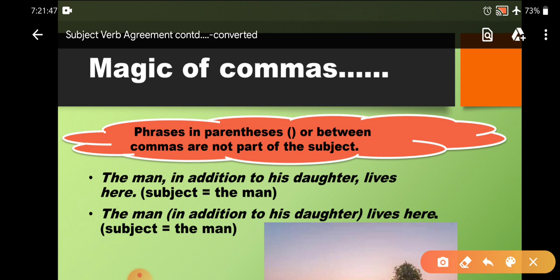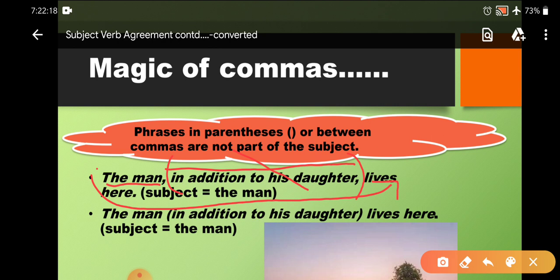The man, in addition to his daughter, lives here. Okay. So we are talking about what? The man. Now this is in commas, as you can see, or in bracket. When you read this, in your mind you don't read this. So you will go from the man straight away till here.